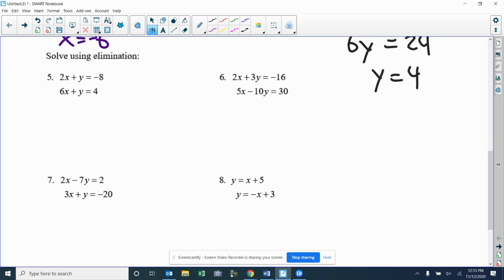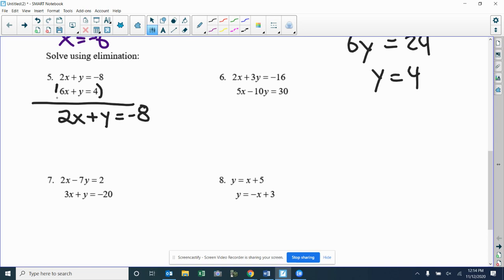Remember elimination. We've got to get the same number, but different signs. Sometimes we'll have to multiply. I look at number 5, and I think eliminate the y's. Because they already have the same number, I just got to get a different sign. So let's leave the top one as it is. 2x plus y equals -8.